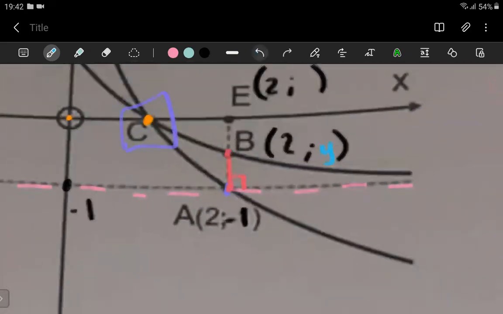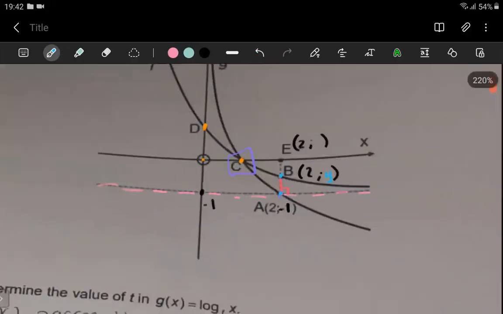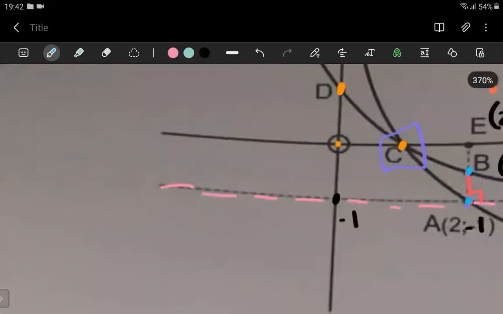So the y value up here minus the y value down there, you're going to get the length of AB, because it's the same x value anyways. So that's what you want to remember. If you have a point over here and you have a point down there, as long as this is a straight line going downwards, for you to get the distance between this point and this point, you only have to compare the y value here to the y value down there.